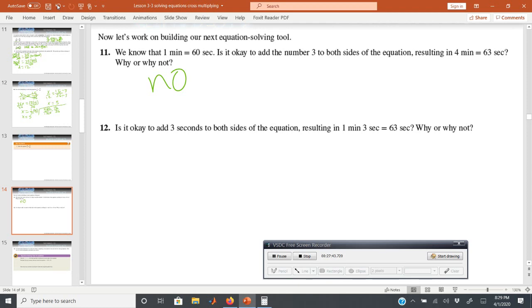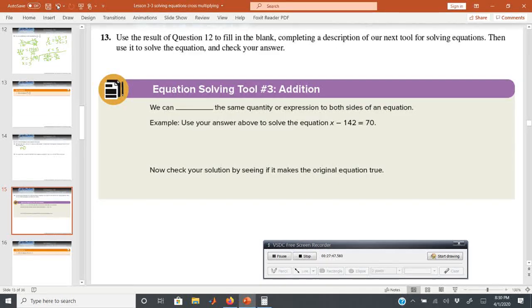And that is equal to 63 seconds because that 1 minute has 60 seconds in it. So they're really just trying to illustrate that we need to follow through with our units like we've done. We need to be consistent with our units.